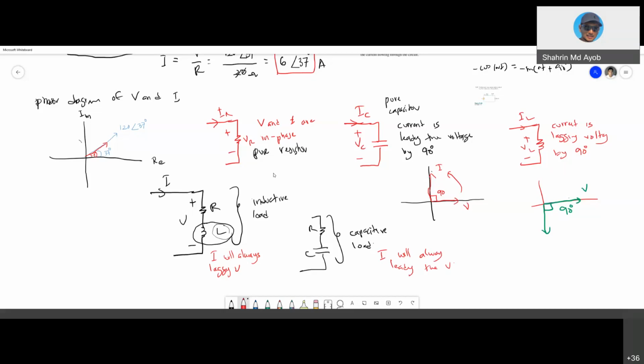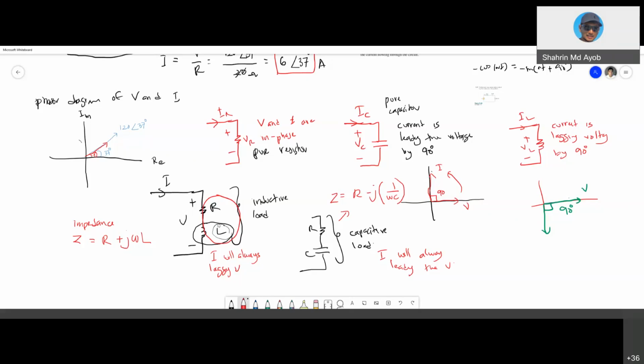The angle is determined by the value of what you call the impedance. So for this one, the impedance is R plus j omega L. And for this one, the impedance is R negative j 1 over omega C. So for inductive load, the current will always lag the voltage, but the angle is not 90 degrees.